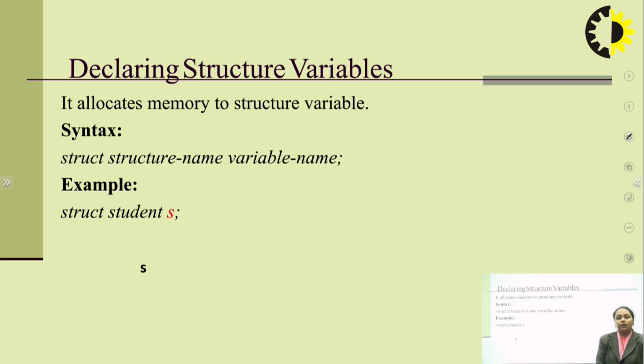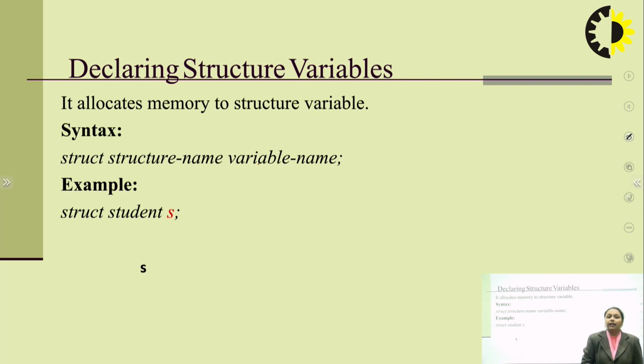For this purpose, we need to declare the variable. As usual, we use primitive data types. In a similar way, we can declare variables of structure type. So for this, data type, variable name. That is the normal pattern for declaring variables.